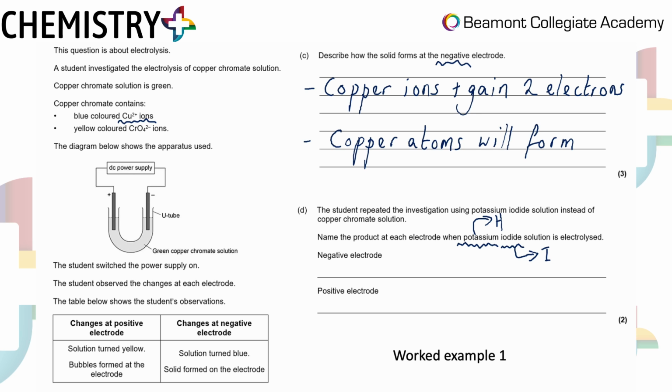At the negative electrode, so positive is attracted, that is going to be the hydrogen. And at the positive electrode, that is going to be iodine. Check against the GCSE mark scheme.